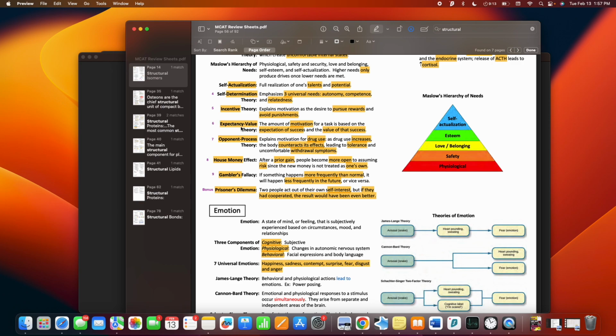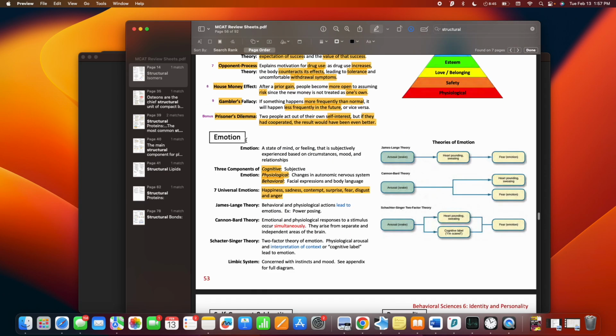Expectancy value: the amount of motivation for a task is based on the expectation of success and the value of that success. Opponent process. The names are hard to relate to the concept sometimes. Here's the problem with psychology concepts: you can have so many different ideas for a concept, but there's only one definite explanation for it.